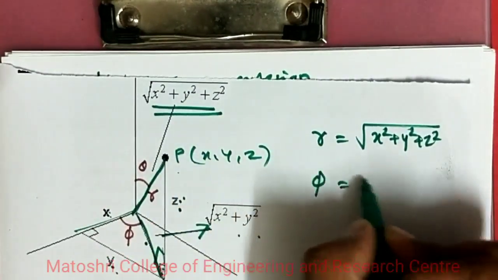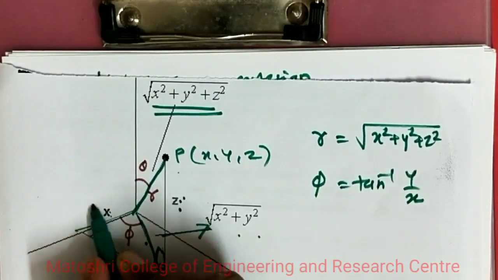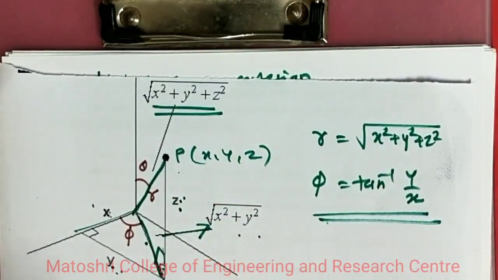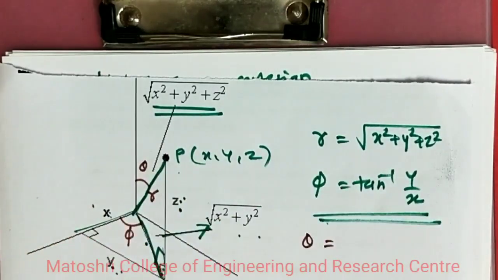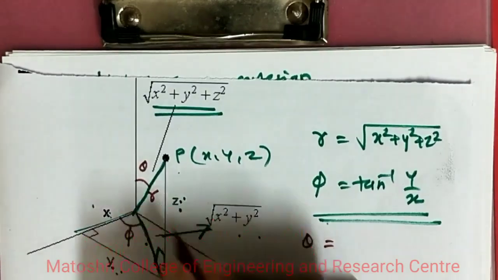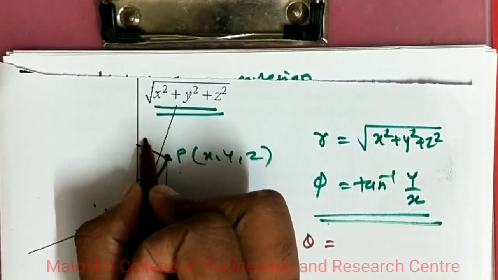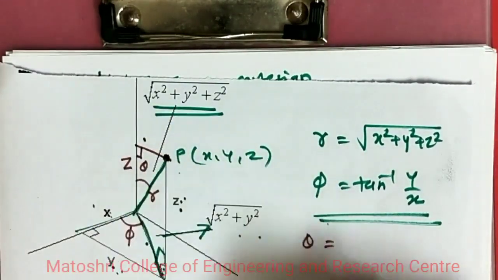Now your angle phi is similar to the cylindrical coordinate system. Tan phi is front side by side length, that's why it is tan inverse of y by x. Now we need to find out the angle theta properly. So what is your angle theta over here? To find your angle theta, this is your height z, this is a right angle triangle, and what is your cos theta?